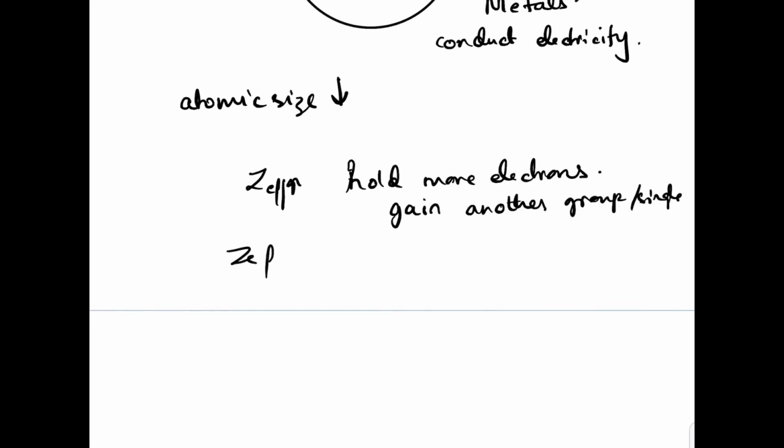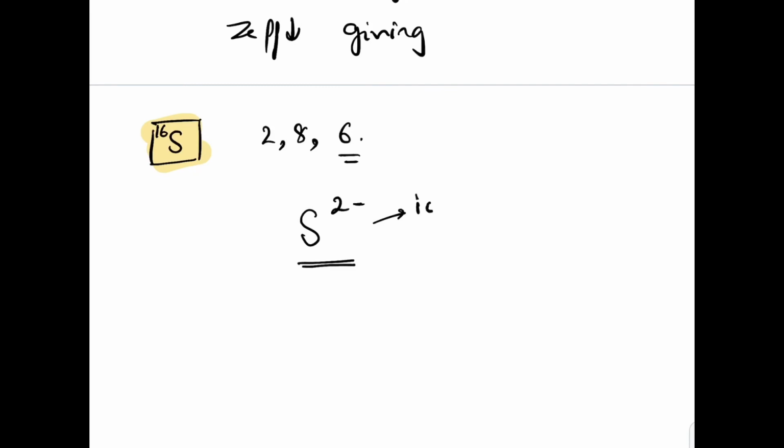But if it has less effective nuclear charge, then it prefers giving its electron to have that stable energy configuration. And if you look at sulfur, which I had underlined as one of the most electronegative elements, it's got 2,8,6. So it would prefer to gain 2 more electrons and become S2 minus, that is the ion of sulfur.